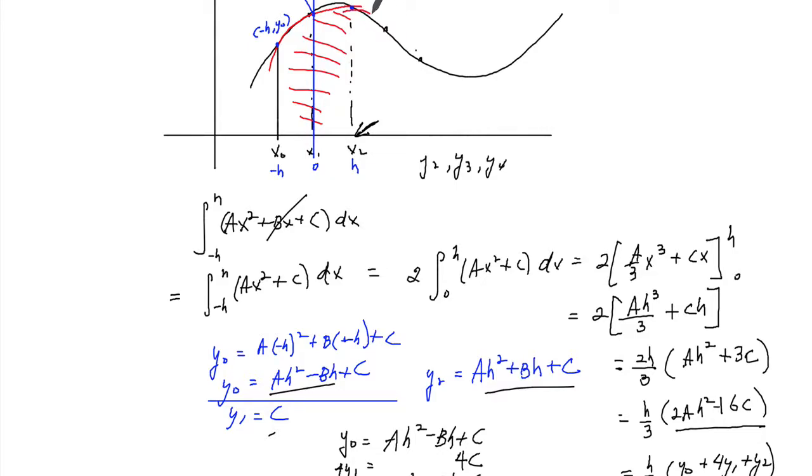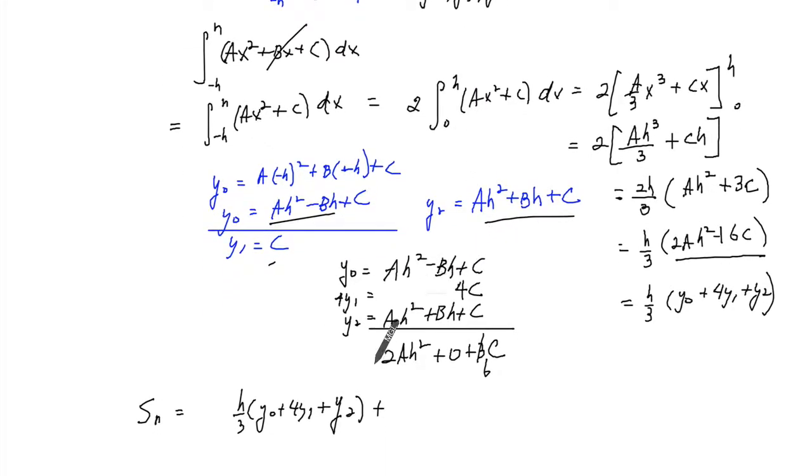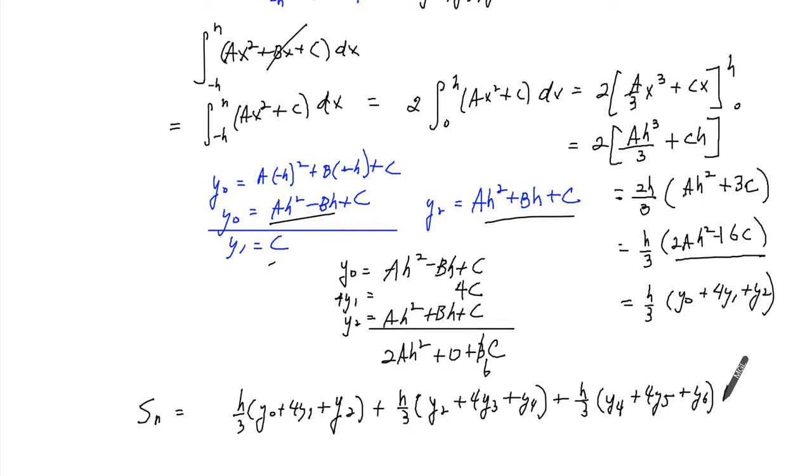So this next one here will be h over 3, exact same pattern, but we'll start at y2. So it'll be y2, 4y3, and then y4. The one after that will start at y4, 4y5, and y6.